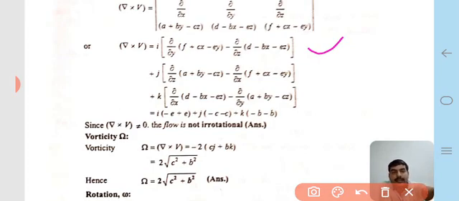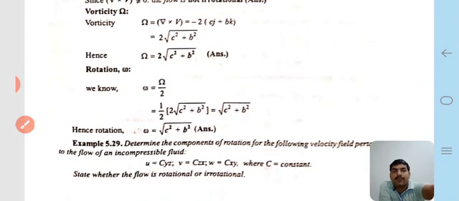Taking all together, that is i(-e) plus j(-c) plus k(-b minus b). Since the curl of velocity is not equal to 0, the flow is not irrotational, it is rotational flow.